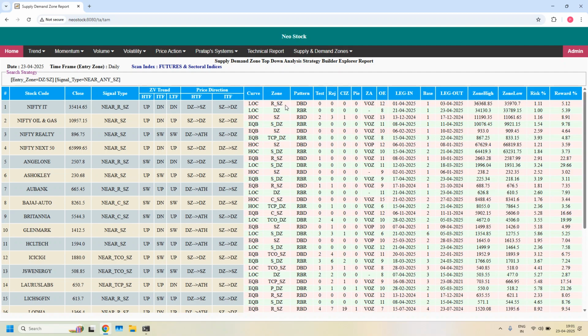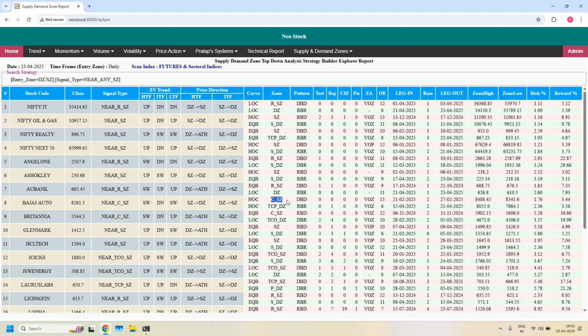Nifty IT is having daily high liquidity, but we don't consider because it is not listed in F&O. Angel 1 is having a daily high liquidity supply zone. AU Bank is having a daily high liquidity supply zone.